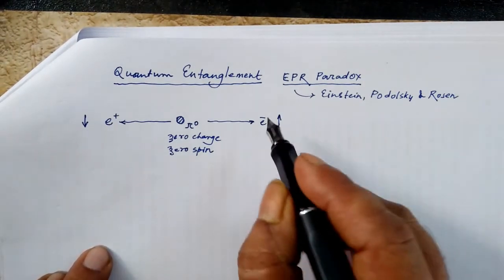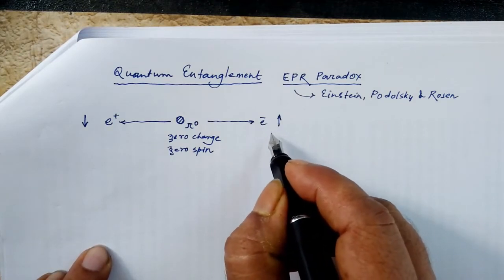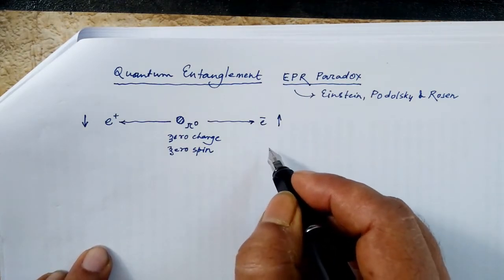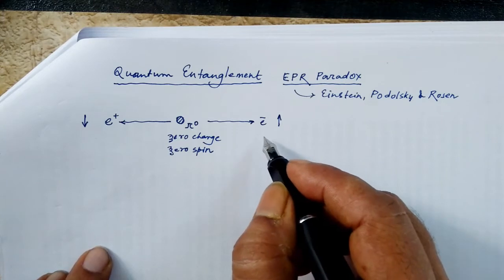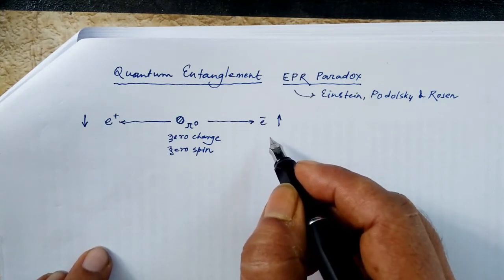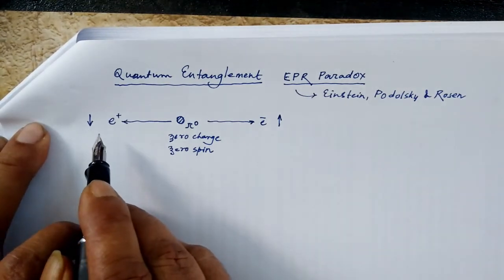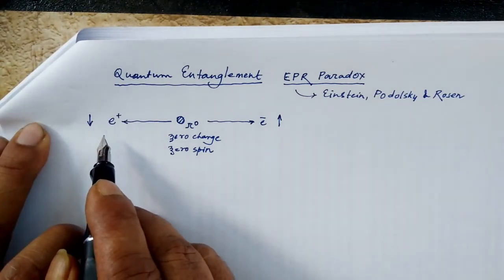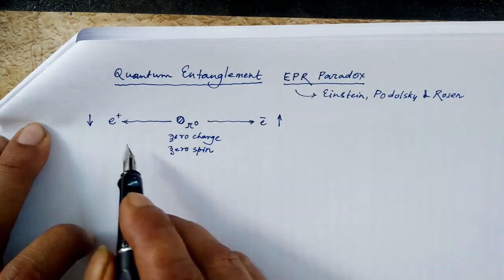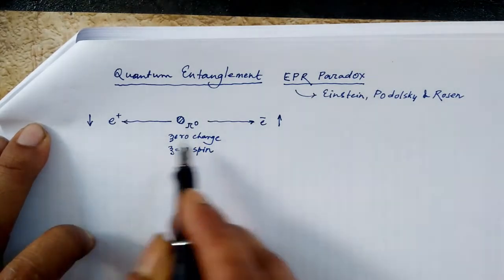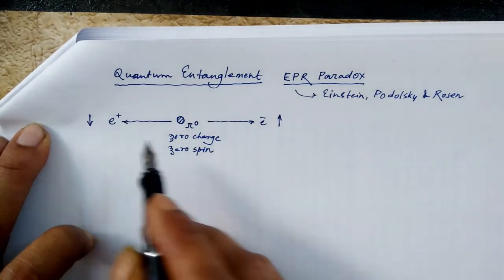Now if we make the first spin measurement on the electron, then we can say that in principle we can measure the positron spin before even a light signal had time to communicate between these two particles.